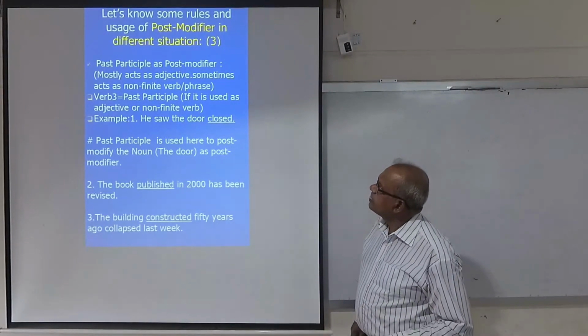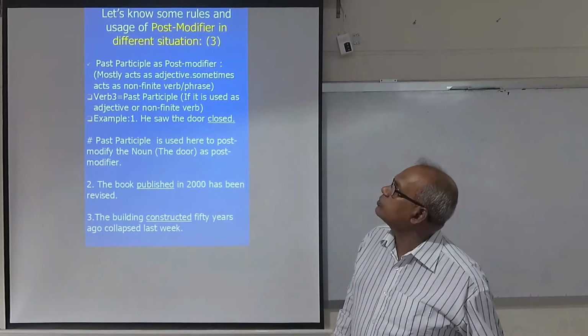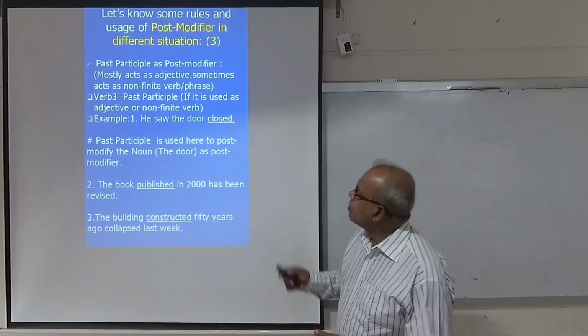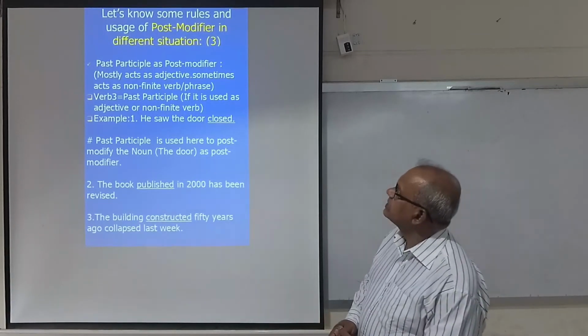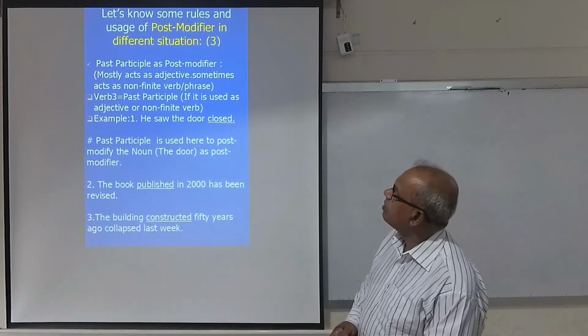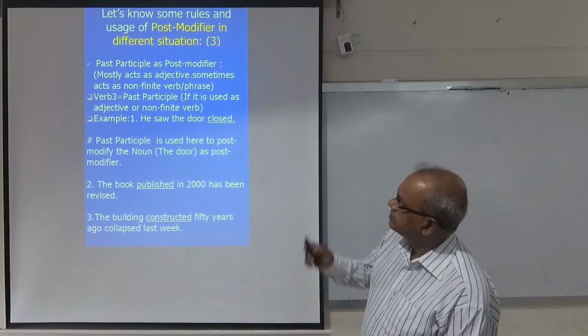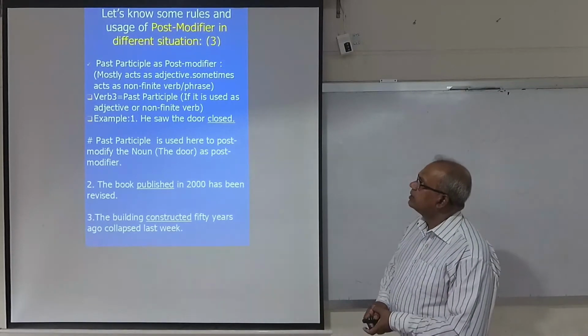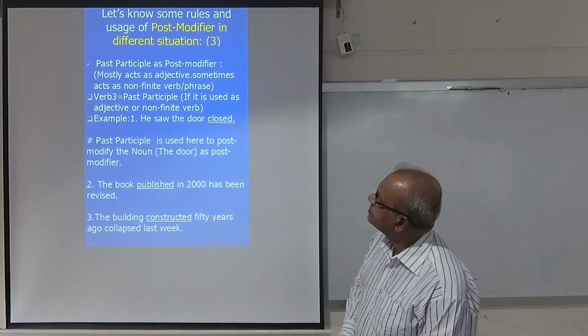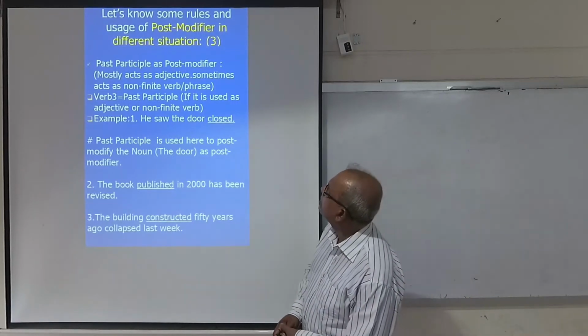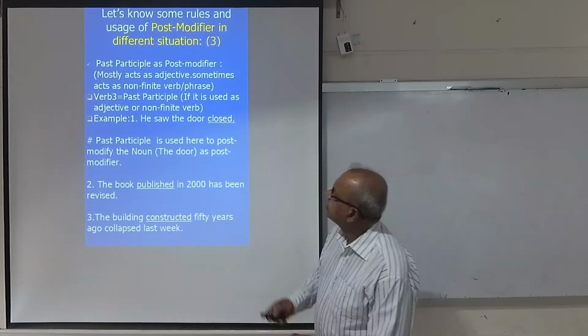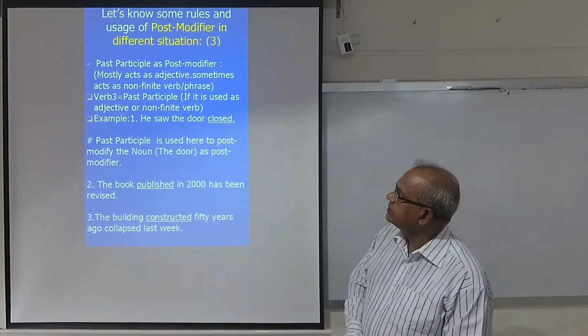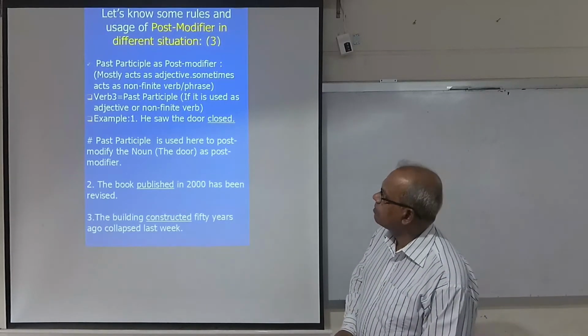Next item, past participle as post-modifier. It mostly acts as an adjective, sometimes as a non-finite verb or phrase. Very important, you can note it down. Past participle as post-modifier: verb three, that means the past participle form of the verb.